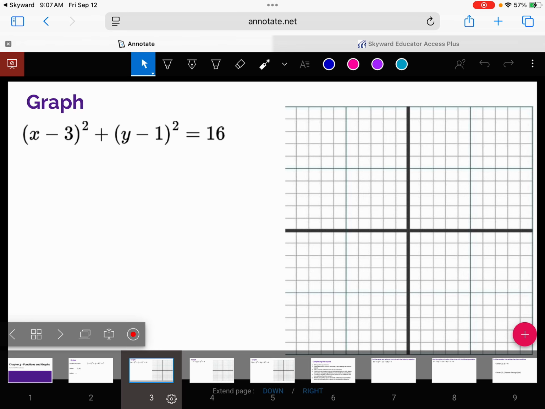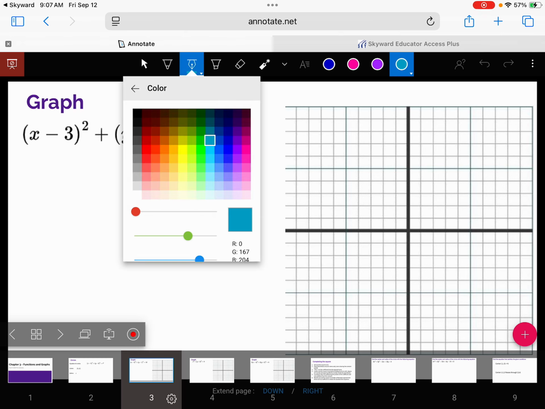So this is the first one we're going to look at here. We're going to figure out what our center is, we're going to figure out what our radius is, and we're going to graph it. I'm going to write our little formula up here again, just above it.